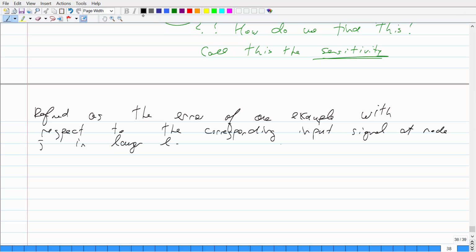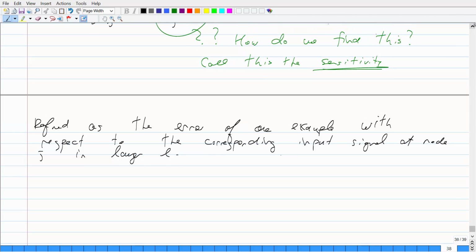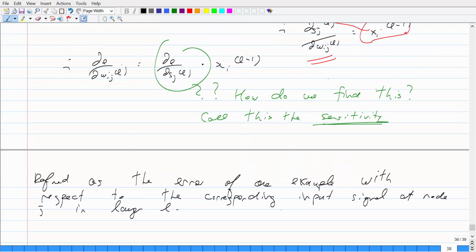How sensitive is the error? If we want to compute this gradient term that we're going to use to update our weights, we have to figure out the sensitivity of the error with respect to all the neurons that you have for every layer. So when you change the inputs into each of the neurons, how will the error change? We have to figure that out.